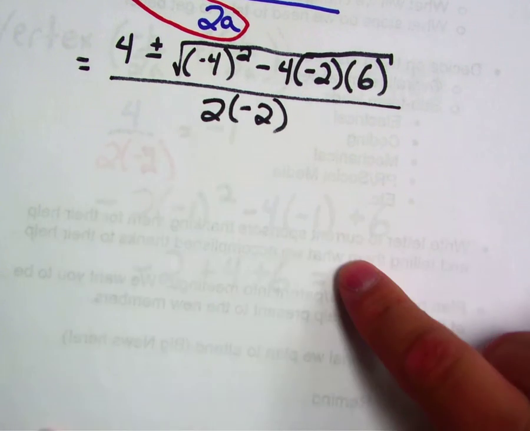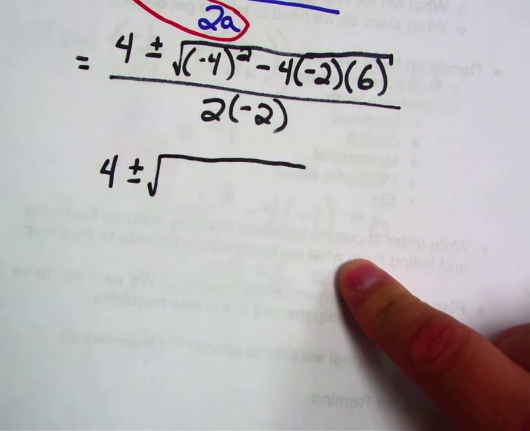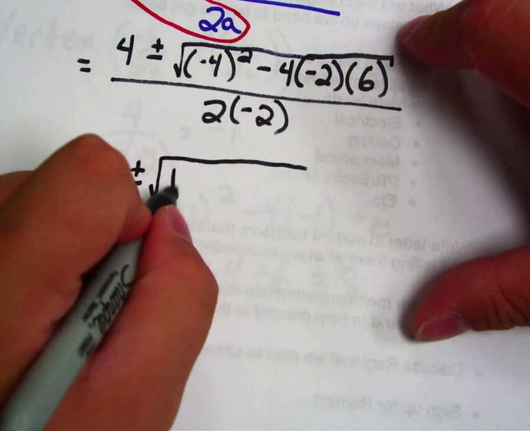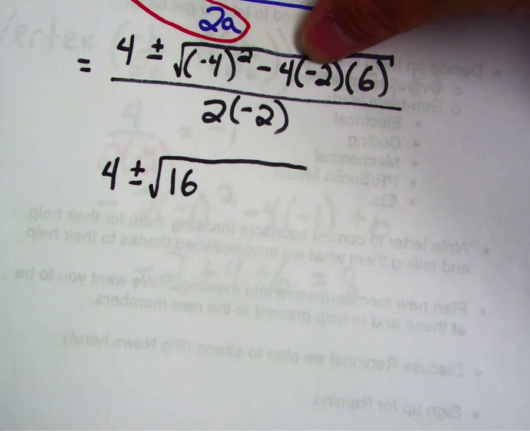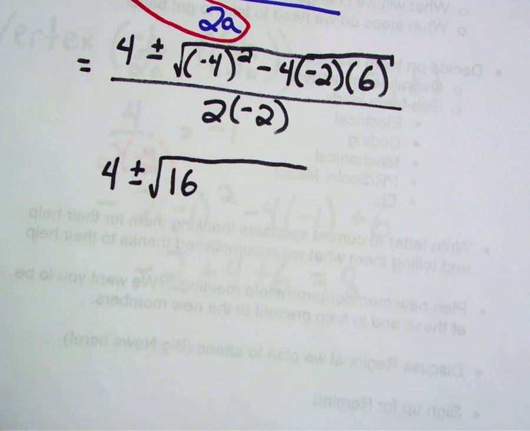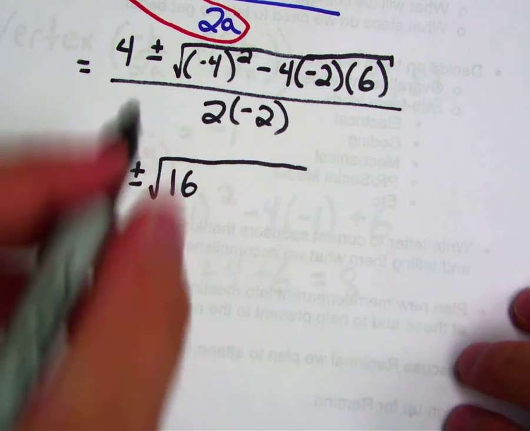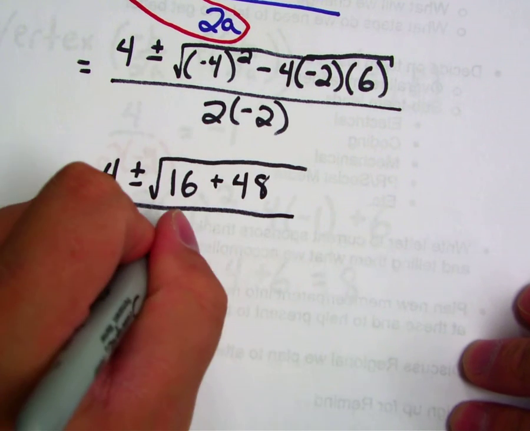So we'll start with the exponents. Negative 4 squared is 16. Over here we've got negative 4 times negative 2 times positive 6, which is going to be a positive 48, all over negative 4.